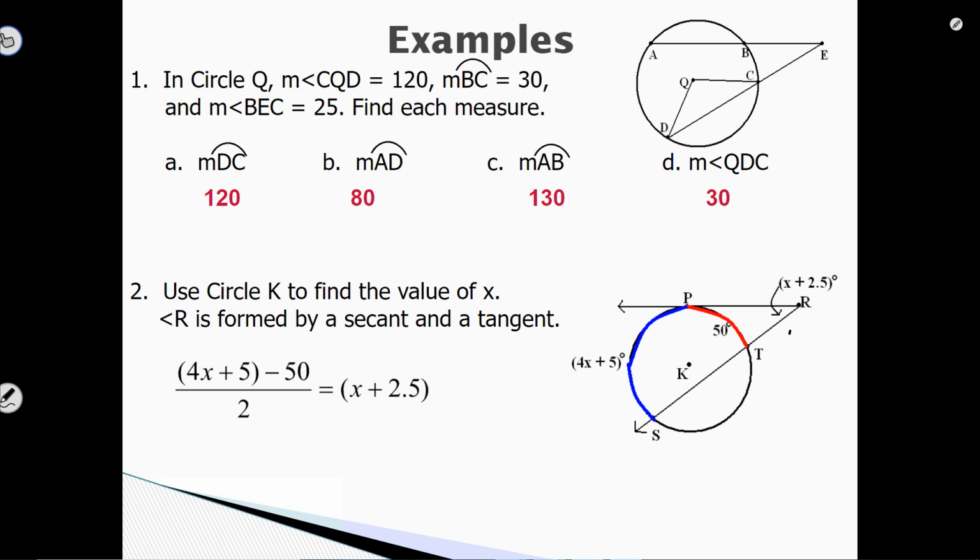They said the angle was x plus 2.5. Okay? So, what would I do first to solve this? Got to multiply both sides by 2. So, over here, the 2's will divide out, but over here, make sure we multiply both of our terms by 2, both the x and the 2.5, right?